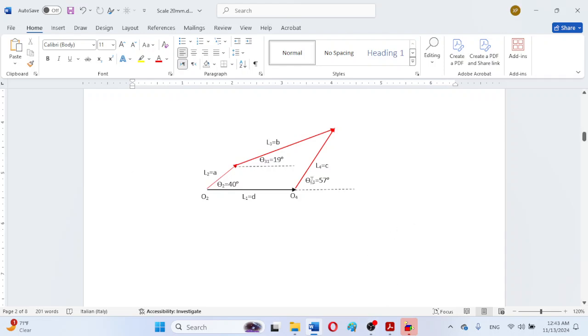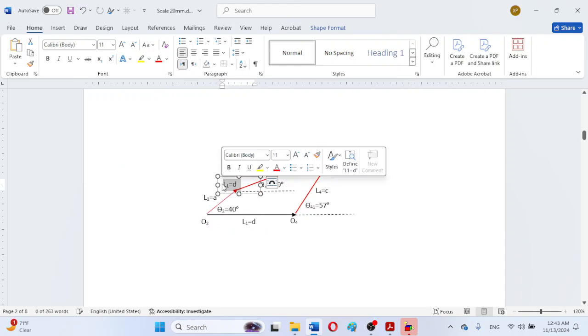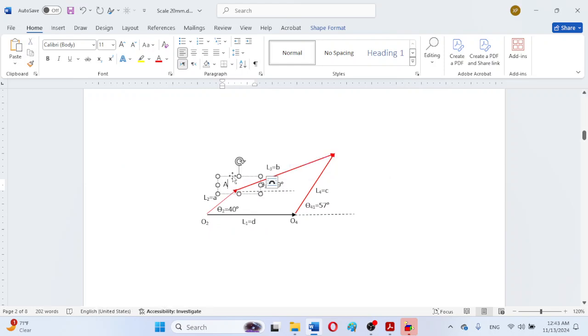So as links 1, 2, 3 and 4 have been shown here, the labels can also be completed. For example, this is point A, which is the crank moving revolute, and in this way we can change it.